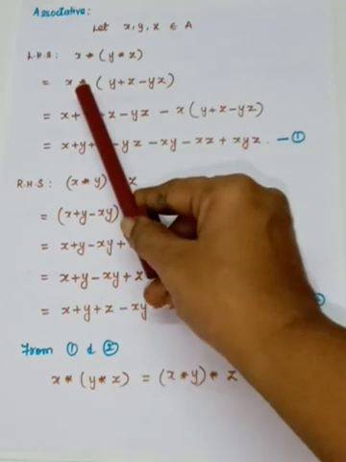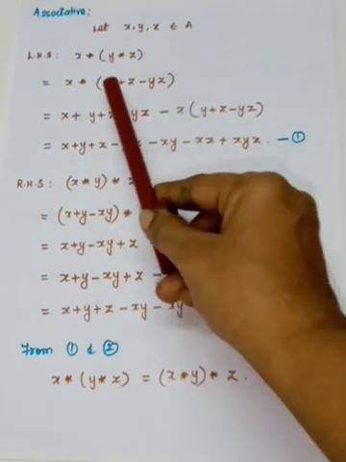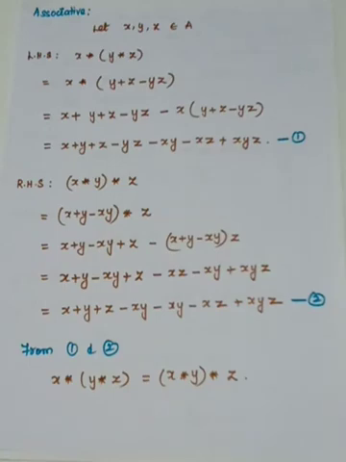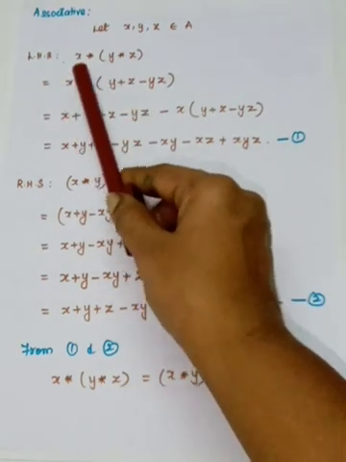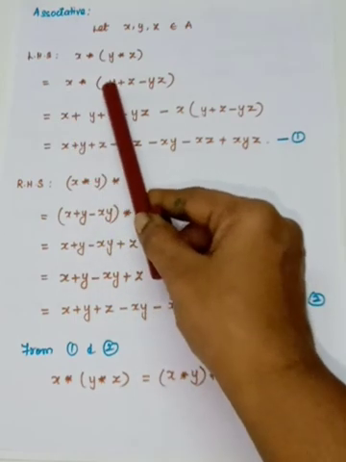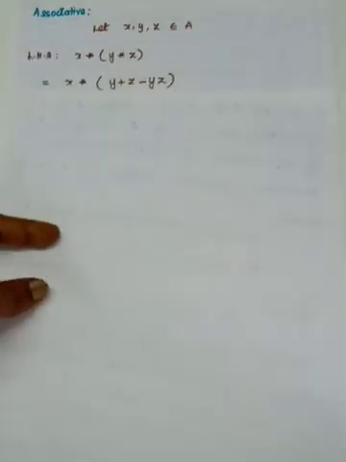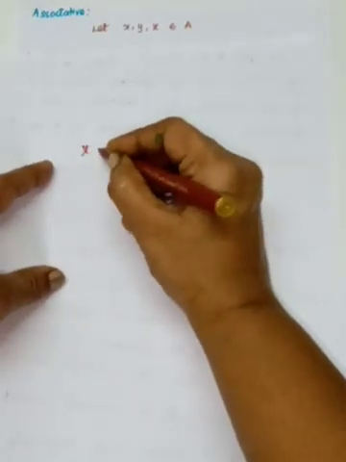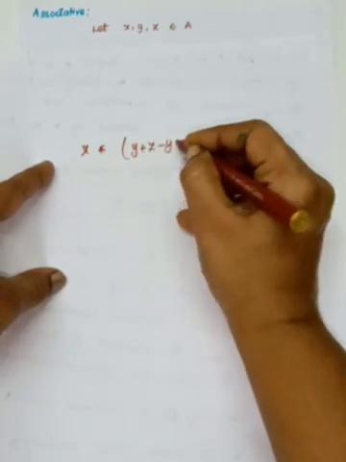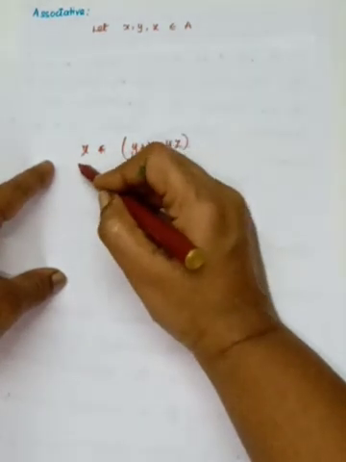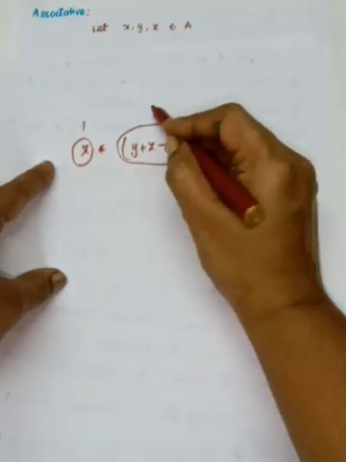Now here you see that x asterisk this number, y plus z minus yz. Asterisk is in between x and this number. So x is your first number and this whole thing is your second number.